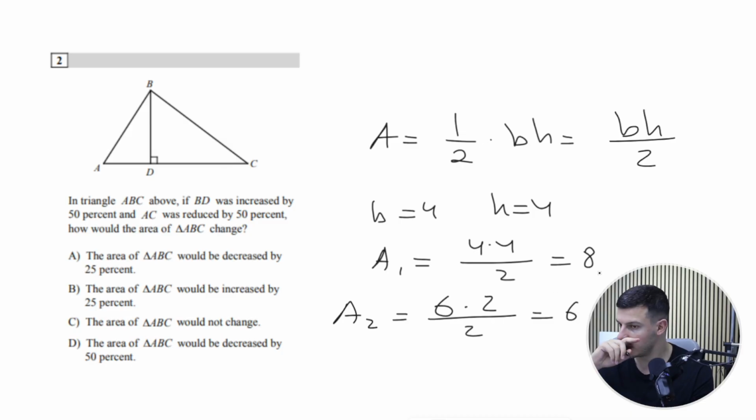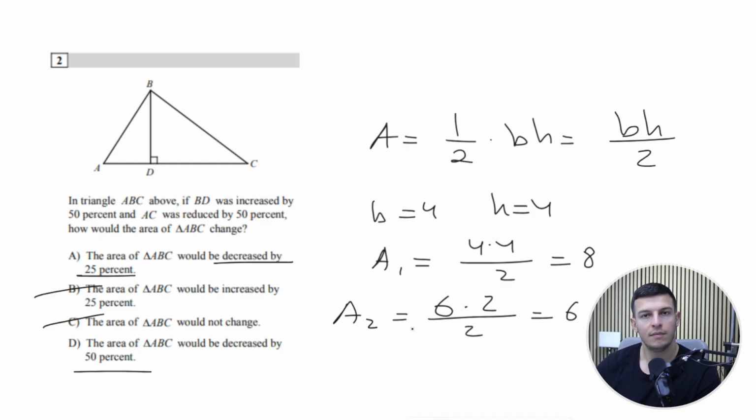So how did that change? It definitely changed. Did it increase or decrease? Definitely decreased. So B is not the answer. Would not change is not the answer. The area of ABC would be decreased by 25 or 50%. So if 8 decreased 50%, what would that become? 4. You're right. It will become 4.